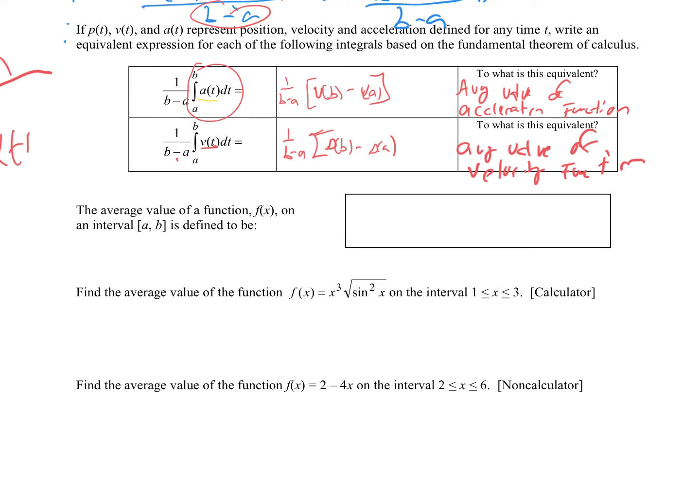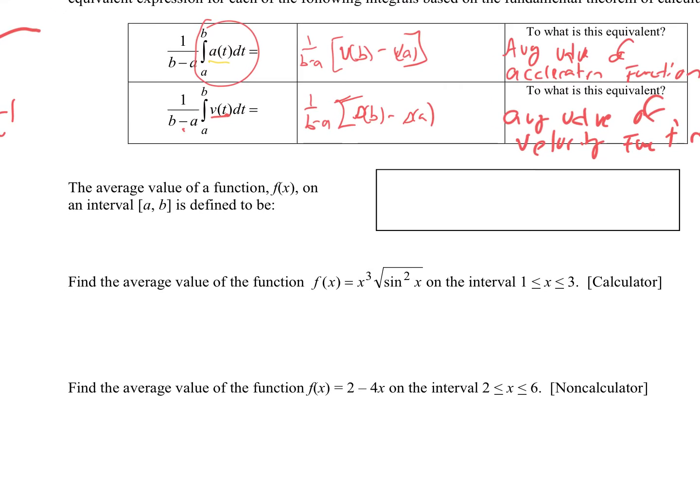The average value of a function, any function at all, doesn't matter whether it was the acceleration function, the velocity function, the temperature function, or, what was the other application we had? We had water being poured into a swimming pool or taken out of a swimming pool.